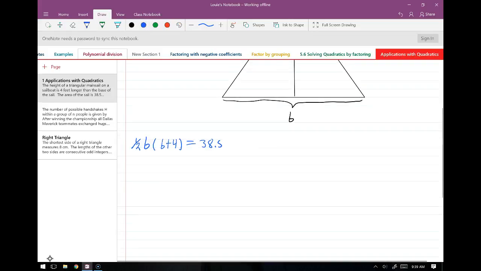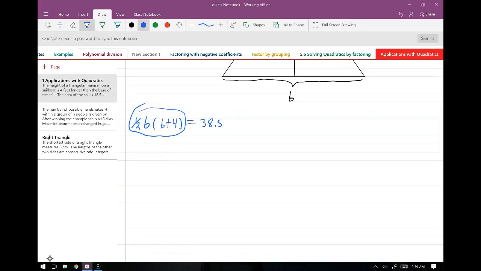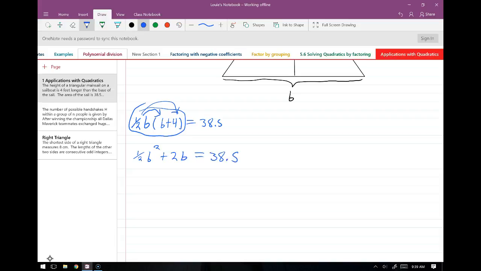Okay, so how do we solve for this guy? Well, we go ahead and expand this side, and then we're going to combine everything on one side of the equation and set it to 0. Then we're going to factor it and find what it takes for those factors to equal 0. Okay, so let's go ahead and expand this guy out. If we distribute the 1/2 b into each term, we get 1/2 b squared plus 2b, and that equals 38.5.